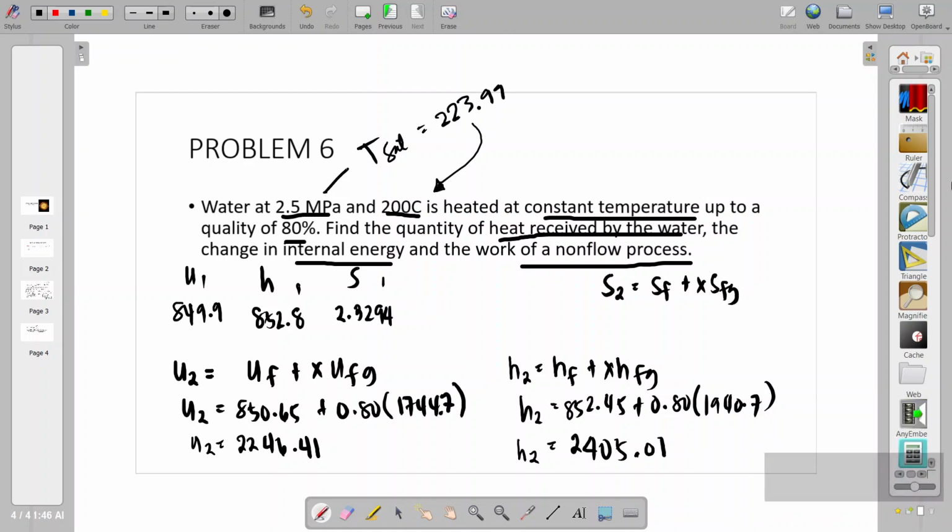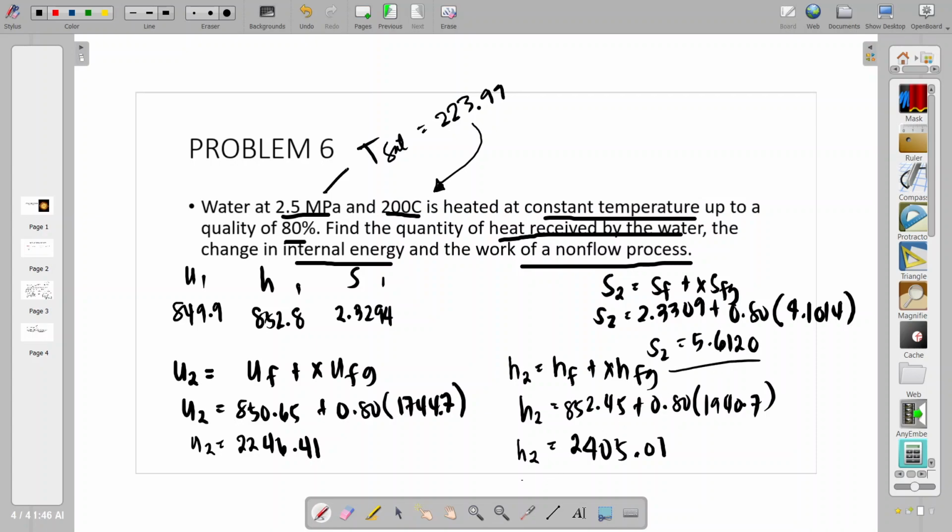Okay? So, S2 is equivalent to 2.3309 plus 0.8 times 4.1014. Okay? So, S2 is equivalent to 5.6120.